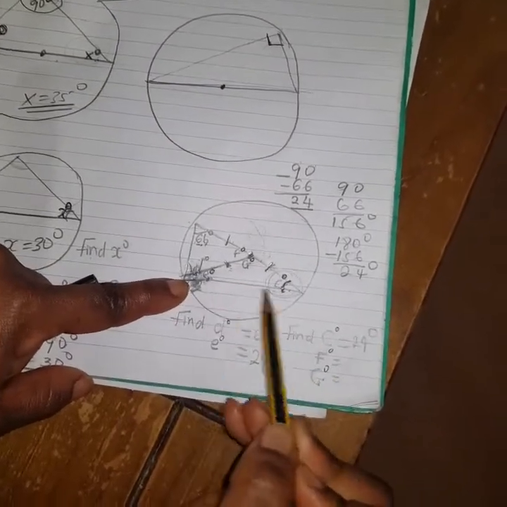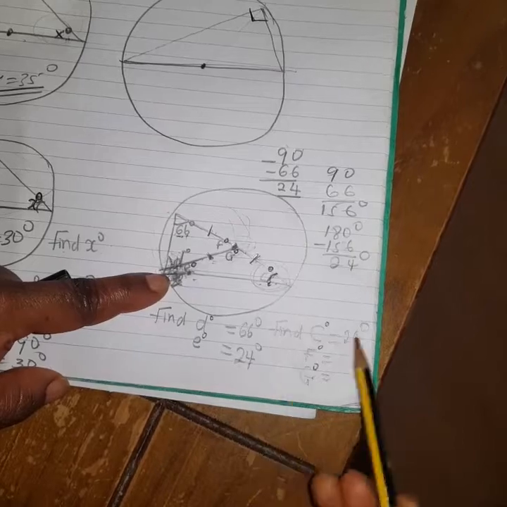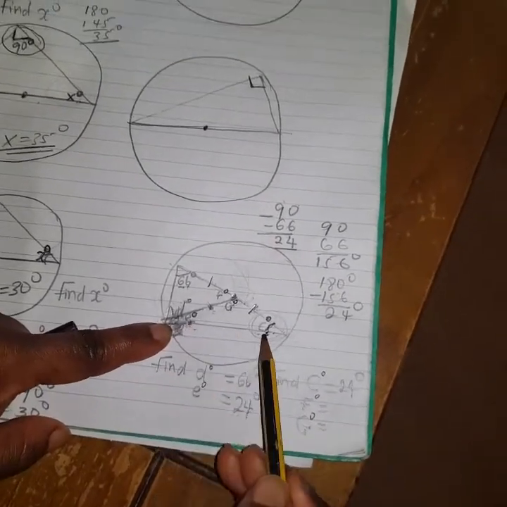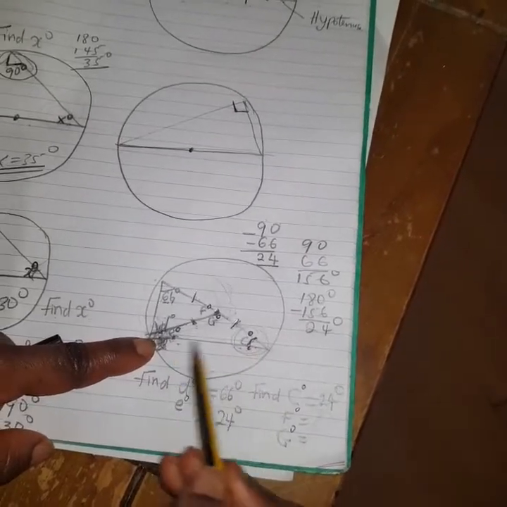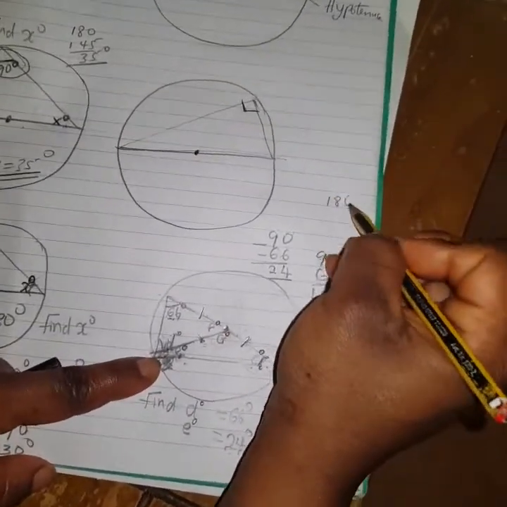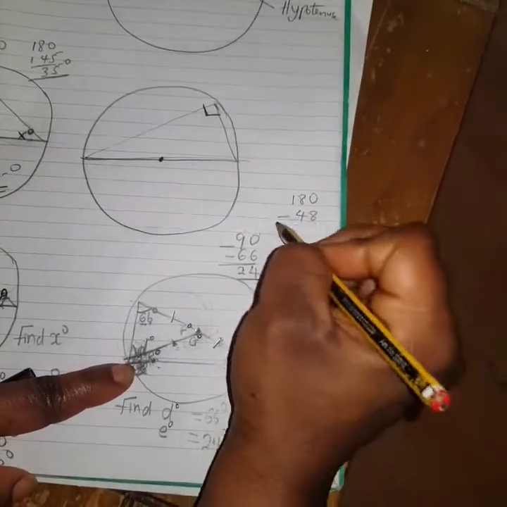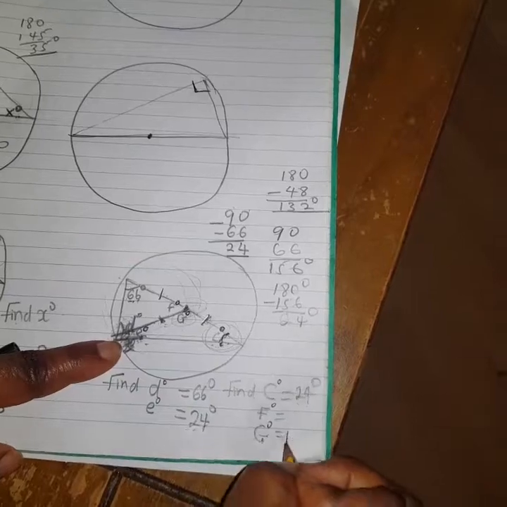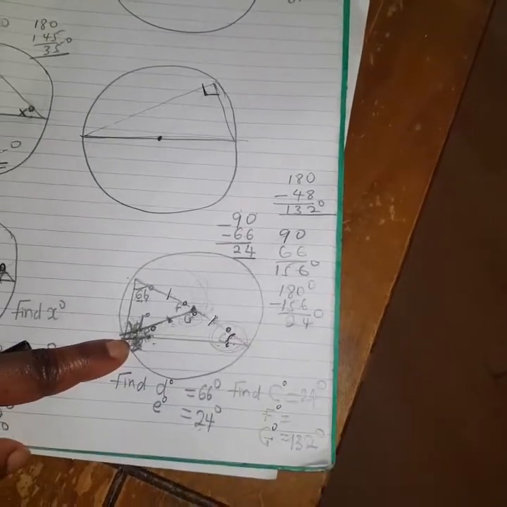So my E and C should be 24, and that's exactly what we got. So that's really good. Okay, so if E and C is 24, that makes 48. To get this G, I have to do 180 take away 48, and I'll get 132 degrees for G. So my G is 132 degrees.